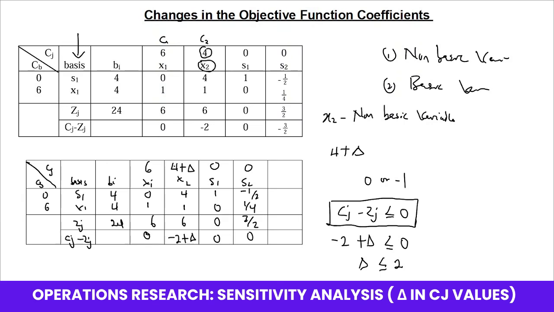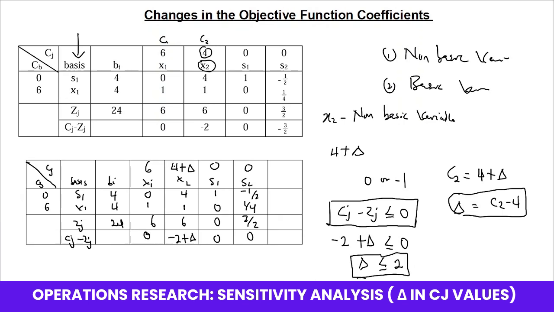But we know that C2 is equal to 4 plus delta. Making delta the subject, we have delta equals C2 minus 4. So wherever we see delta in this inequality, we replace it by C2 minus 4.